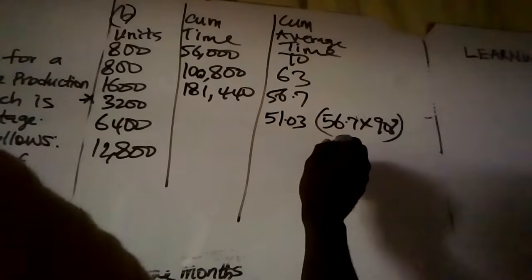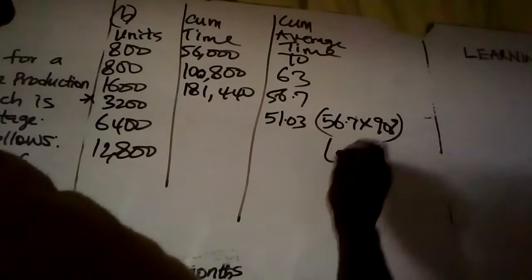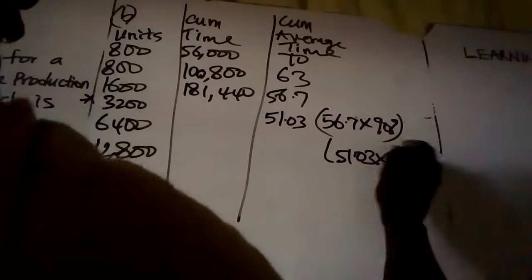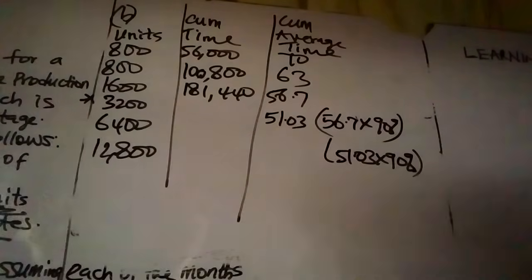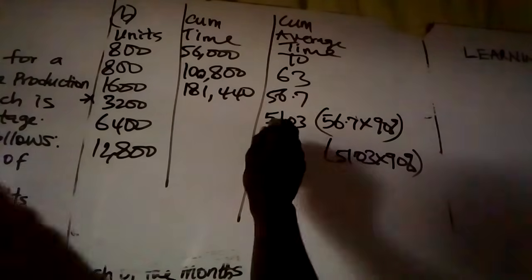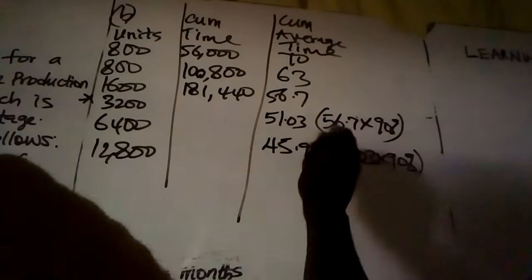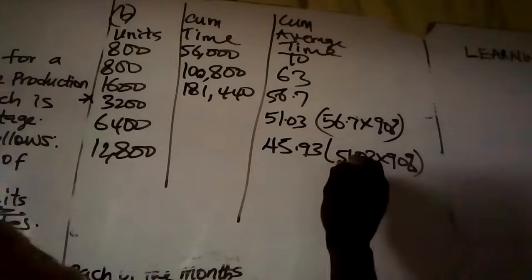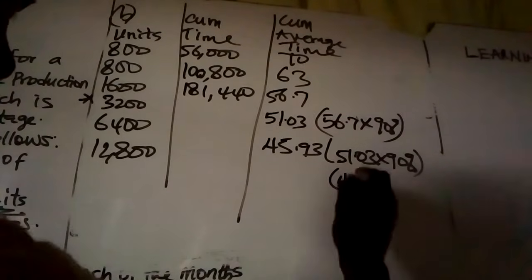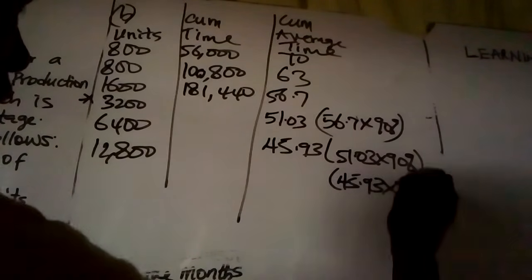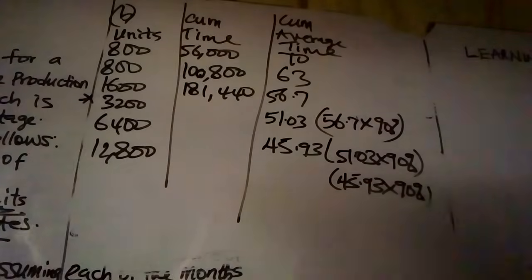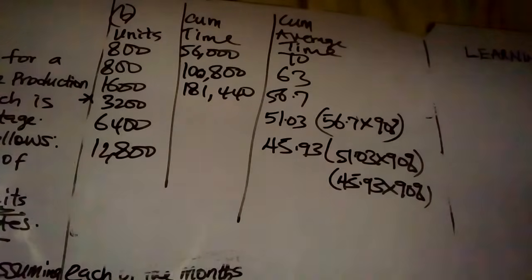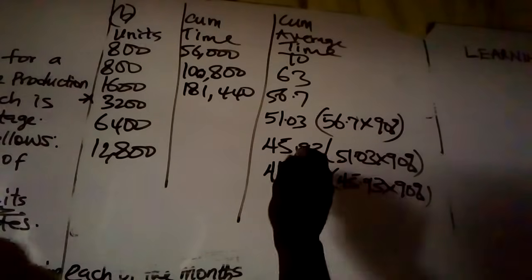Then the 90% of 51.03 is 45.93, that is for February. Then March, 90% of 45.93 will give us 41.33.